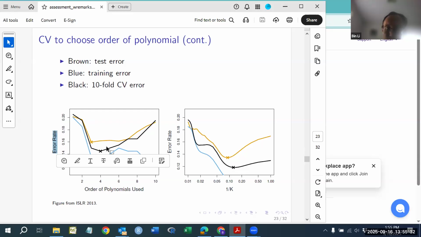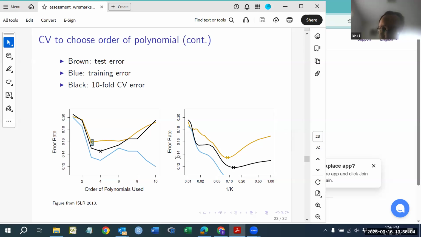The black curve is the tenfold, the brown curve is the test error on a test set, and the blue curve is the training error. You can see here, based on the tenfold cross-validation, the optimal polynomial is at 4, but for the test error, it is minimized at 3, so very close, right?